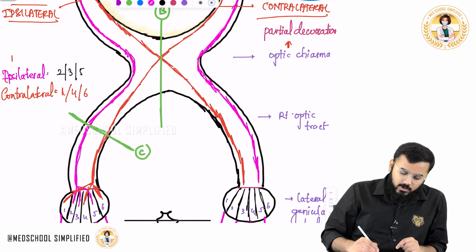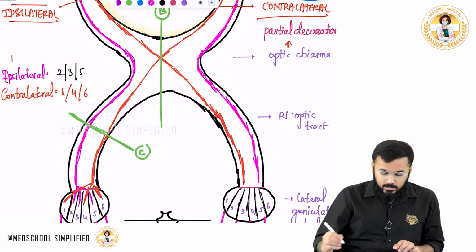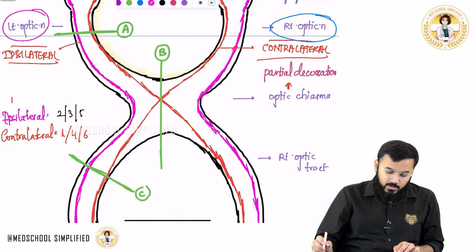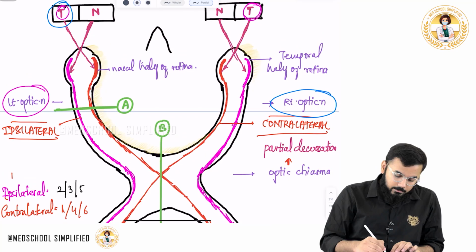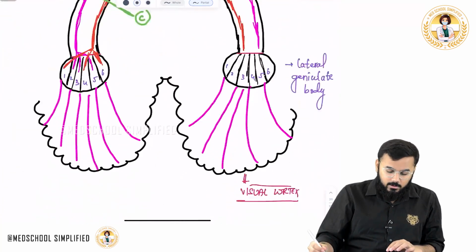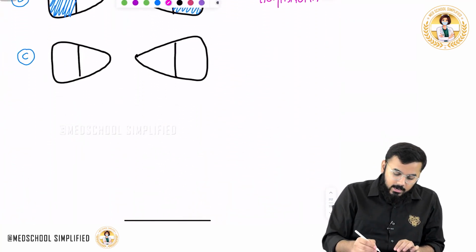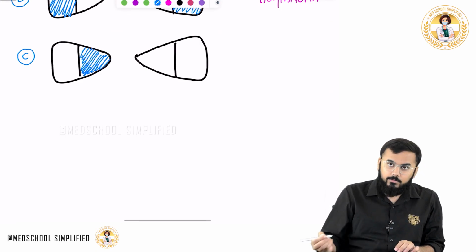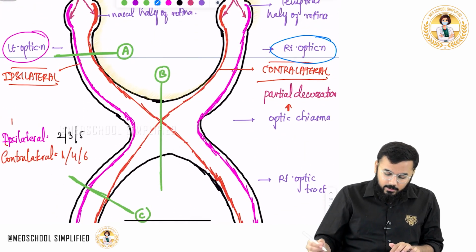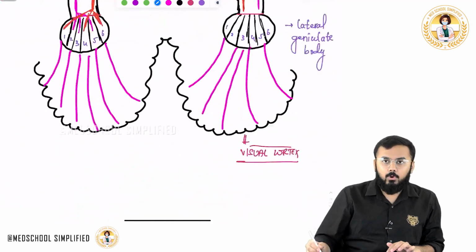Now let us look at condition number C. In condition number C, one pink fiber and one red fiber is cut. Now where is this pink fiber coming from? This pink fiber is coming from the same side from the nasal half, right? So same side nasal half is gone. Next, where is this red color fiber coming from? Red color fiber is coming from the opposite side from the temporal half.